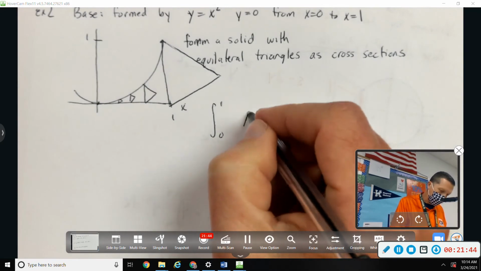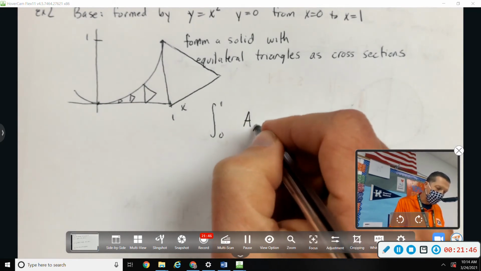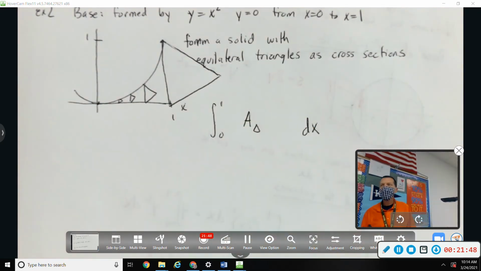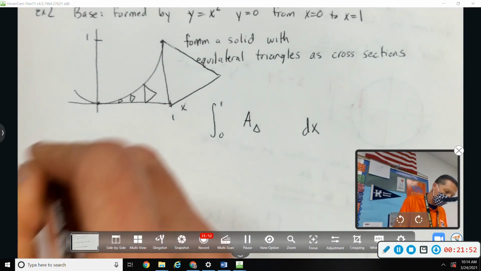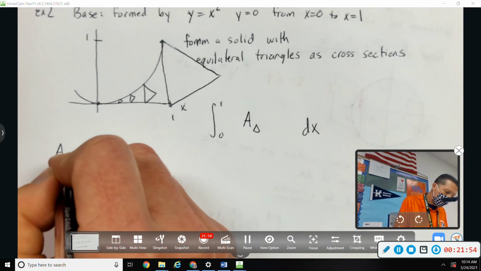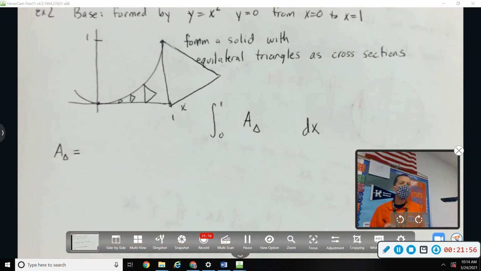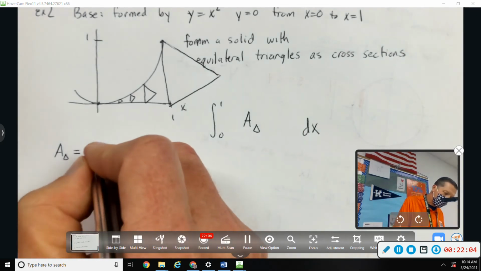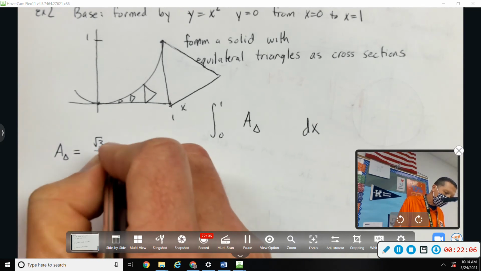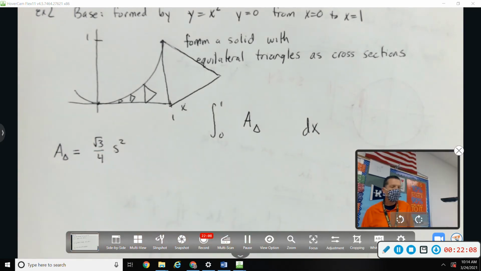So I kind of do this halfway thing where I say the area of equilateral triangles. And then I need to go figure out what the area of an equilateral triangle is. Or maybe I remember it from warm-ups. Or if I don't remember it, I at least remember that I wrote it down somewhere. Square root of 3 over 4 times s squared.